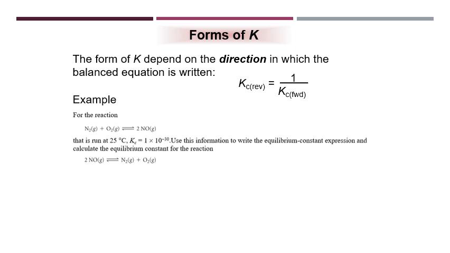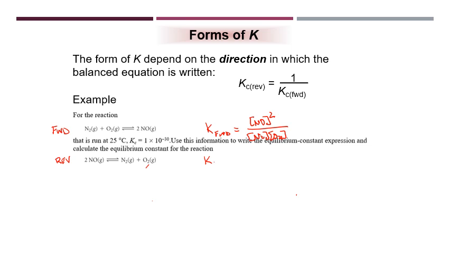So I hope that you can recognize if we treat this as the forward direction, and you notice the bottom, I have my product, the 2NO, now becoming my reactants. So this is the reverse reaction for this top reaction. So if I were to write my K for the forward direction, I would have the concentration of NO squared divided by the concentration of N2 and the concentration of O2.